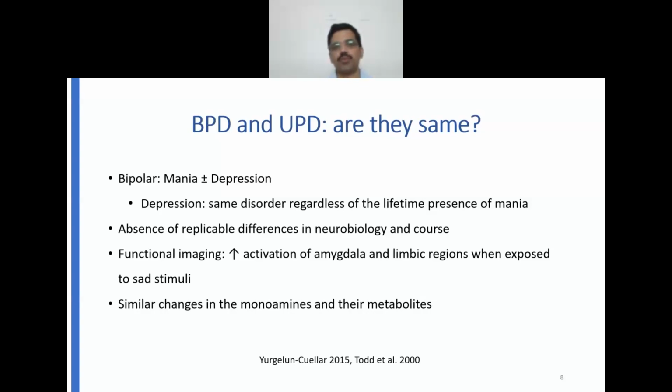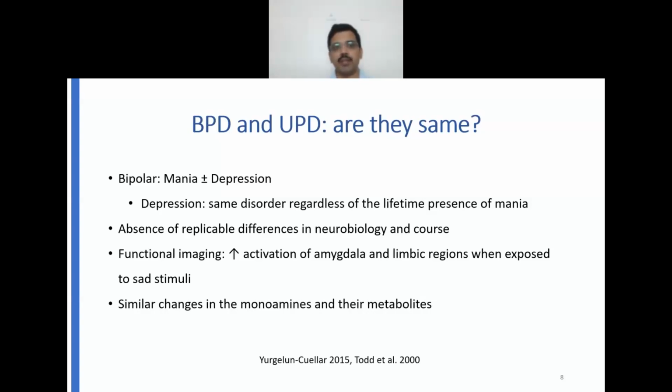This particular school of thought regards mania and depression as the two ends of the same disorder, two distinct poles of the same disorder. So depression and bipolar are almost considered the same, regardless of the lifetime presence of mania.